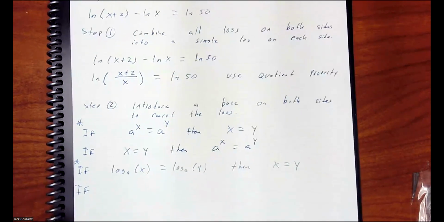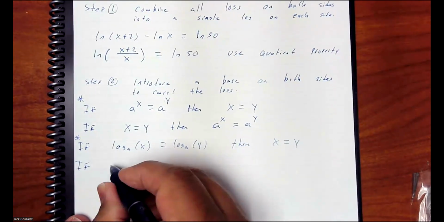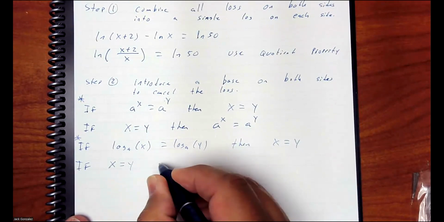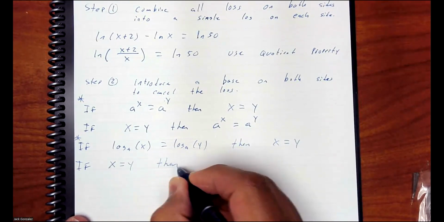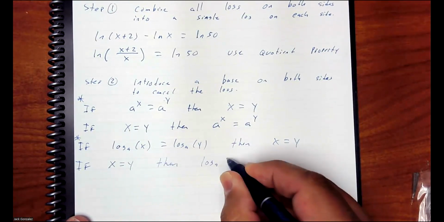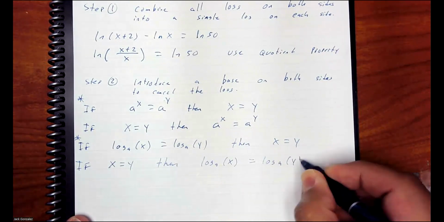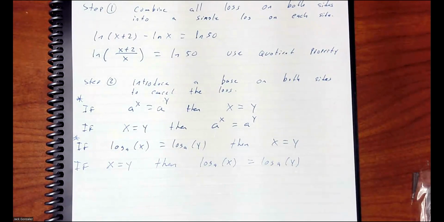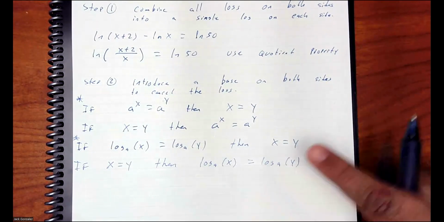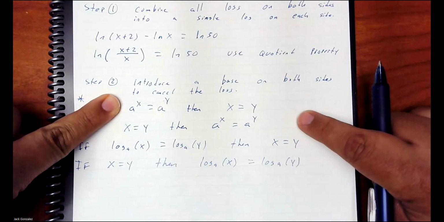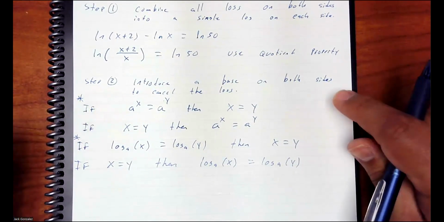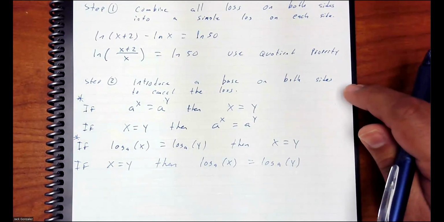There's also an if and only if statement. So this is what allows me to introduce logs on both sides whenever I want. This is what allows me to introduce exponential bases whenever I want on both sides. So these 2 separate things.